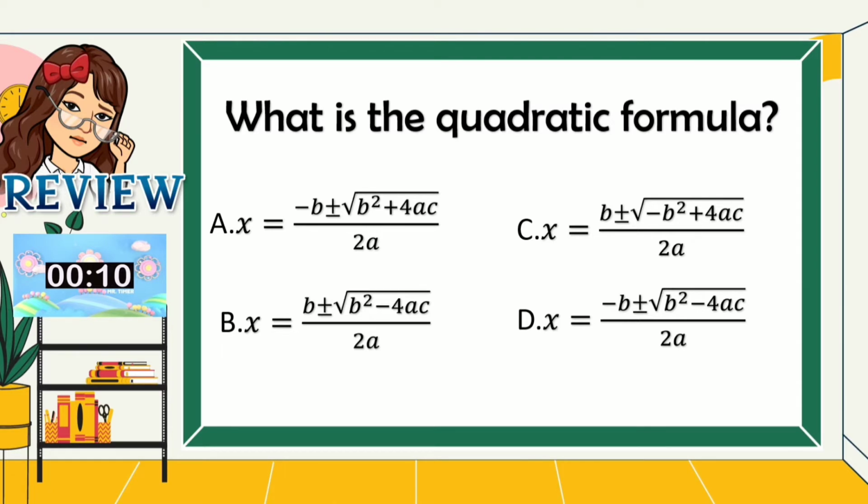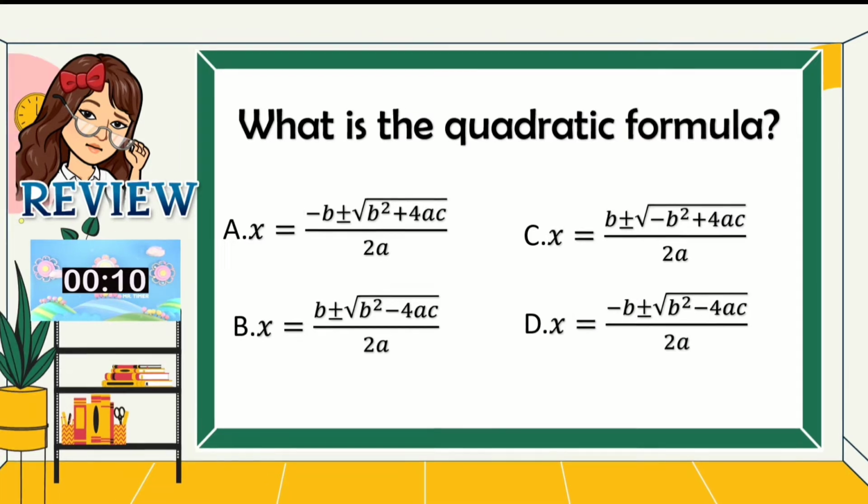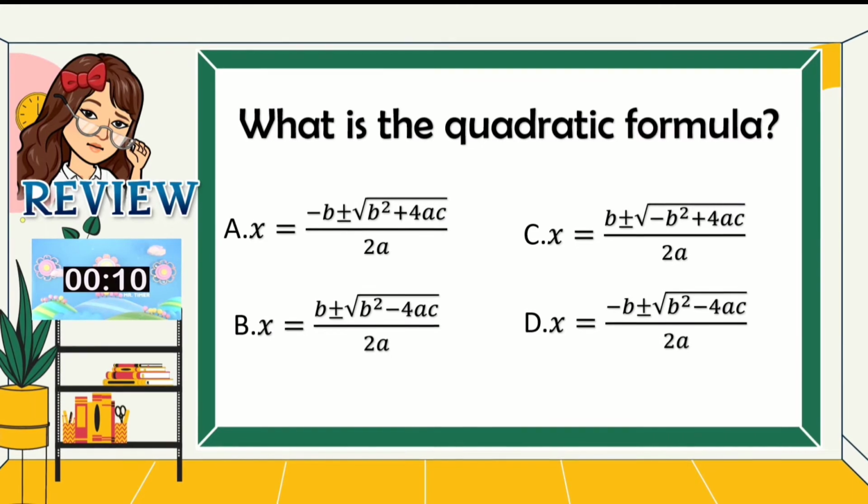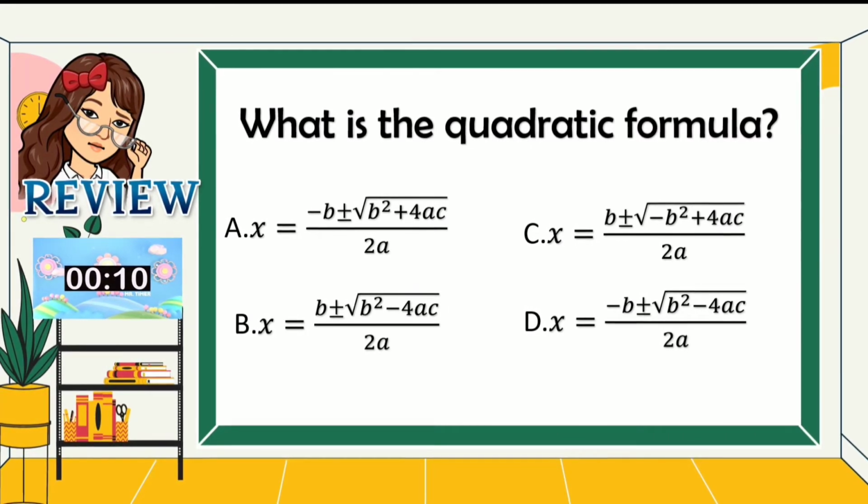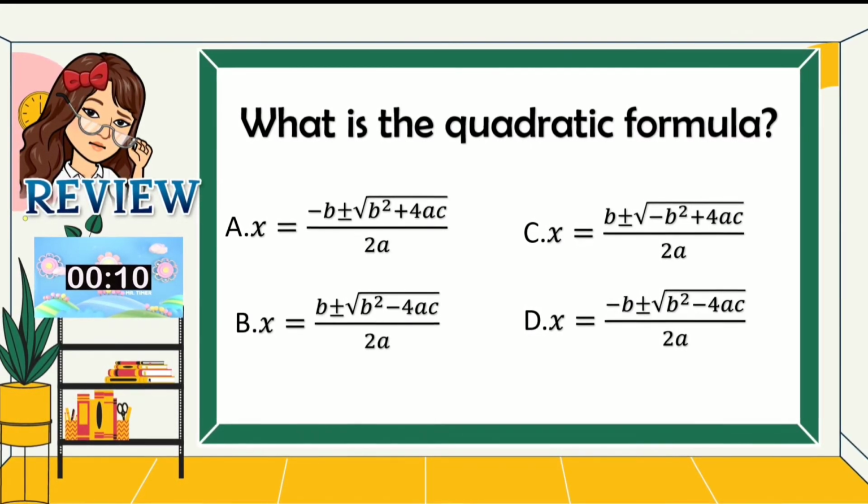So in the previous lesson, we discussed the quadratic formula. I will give you 10 seconds to choose from the given options what is the quadratic formula. Is it A, B, C, or D? You have 10 seconds.